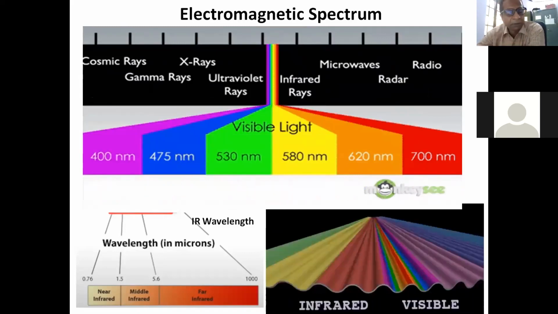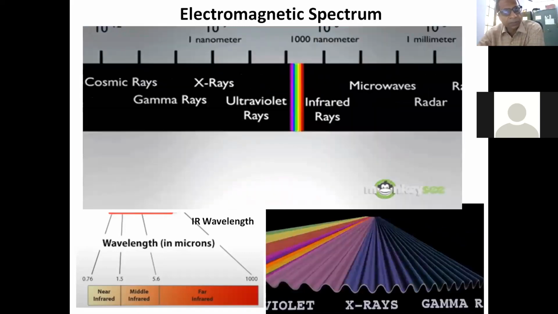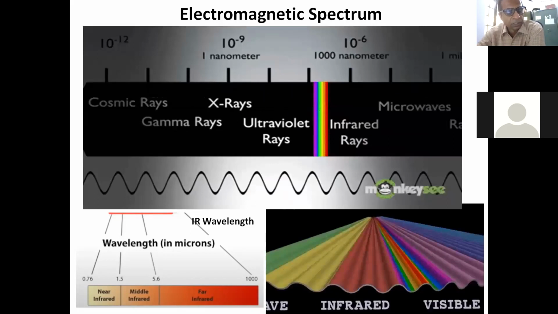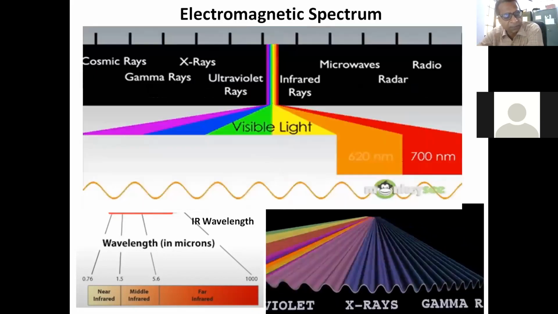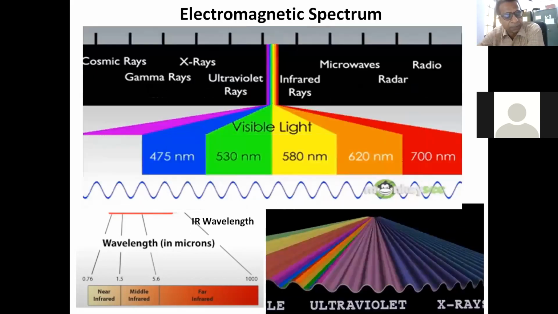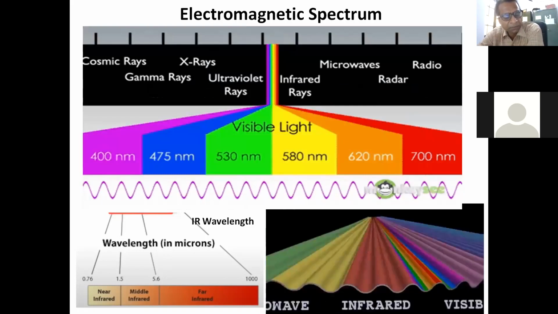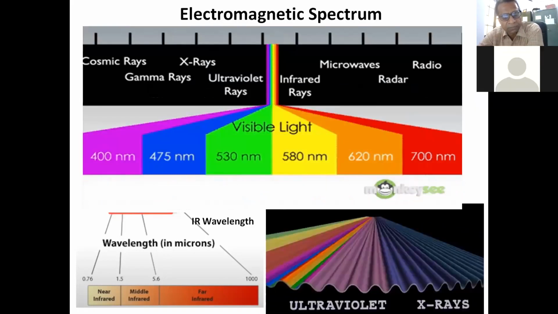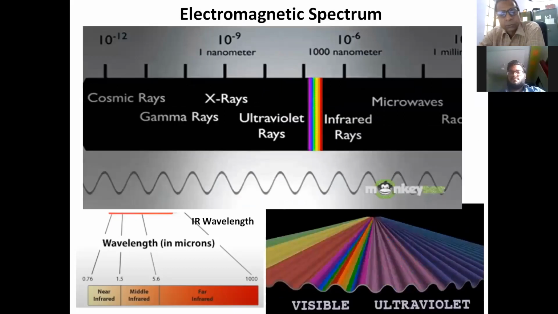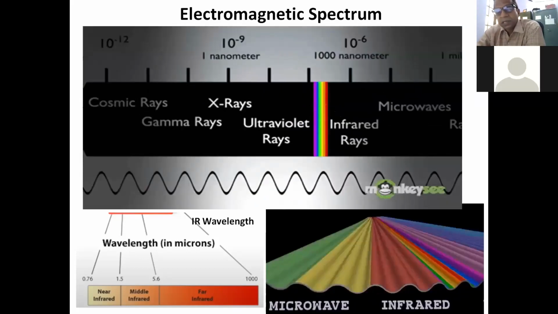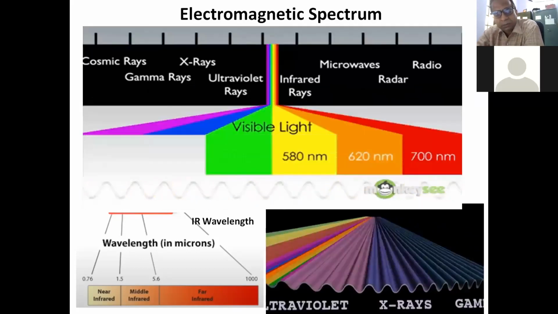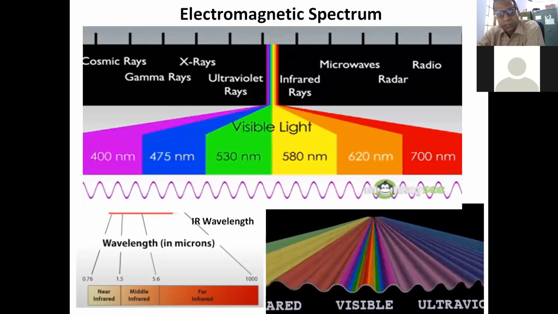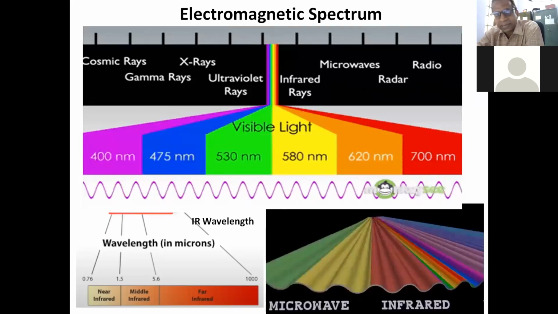If you further divide the IR spectrum or IR wavelength, you will find the near infrared starts at 0.76 to 1.5, the middle infrared is 1.5 to 5.6, and the far infrared is 5.6 to 1000. And here you are seeing an animated picture showing the infrared, visible, ultraviolet, X-rays, and gamma rays.